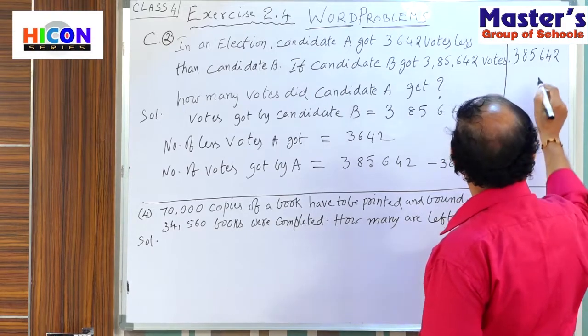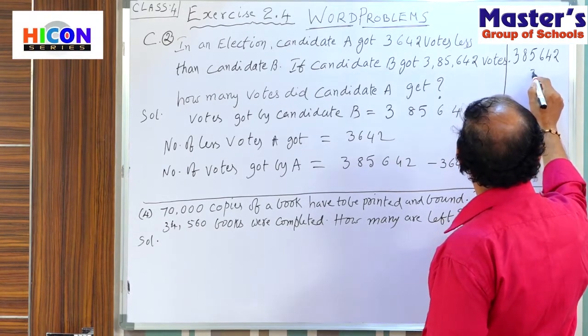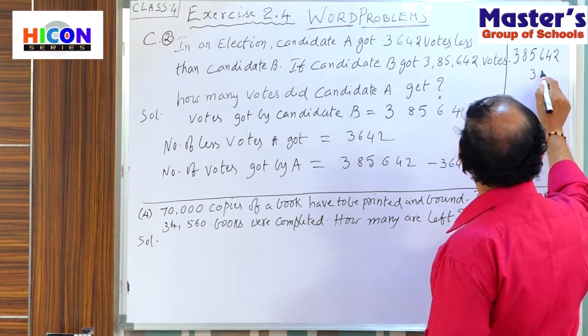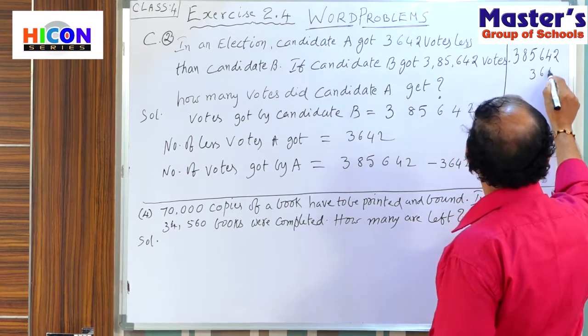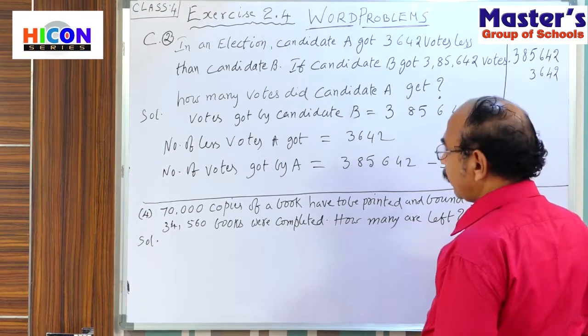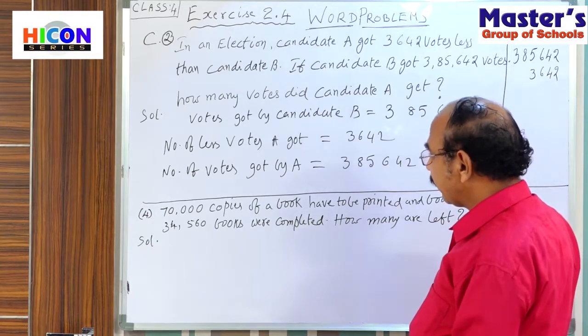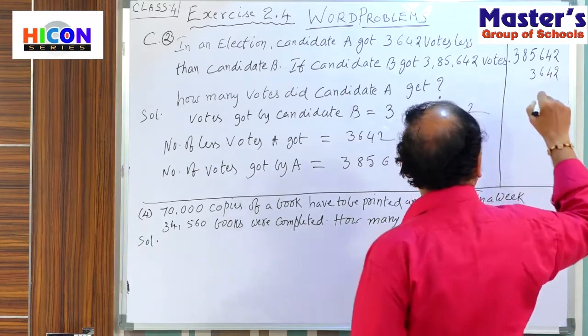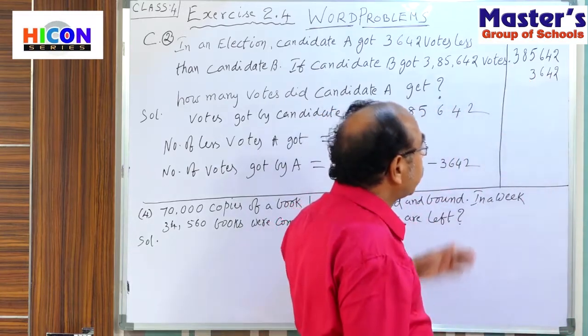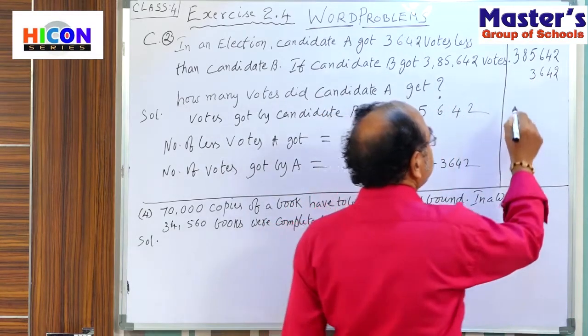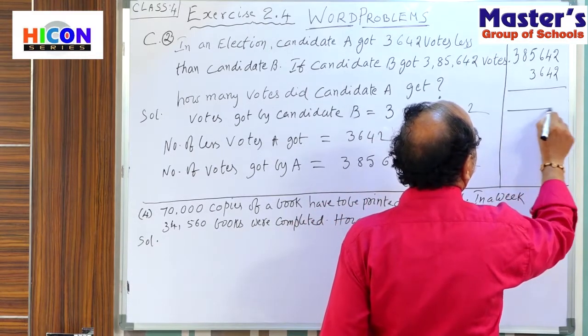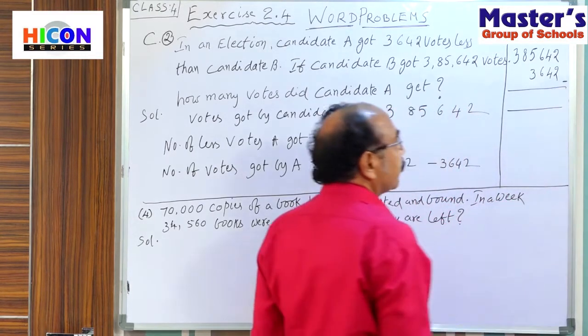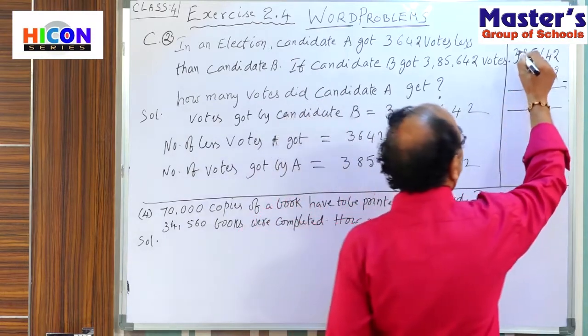From this we subtract 3,642 according to the place values. According to the place values, we write the numbers and subtract. See children here.